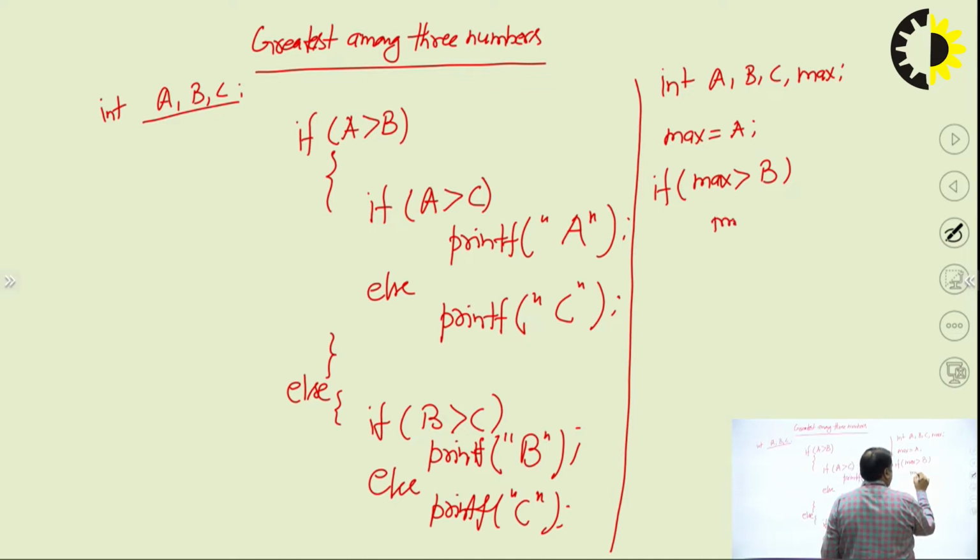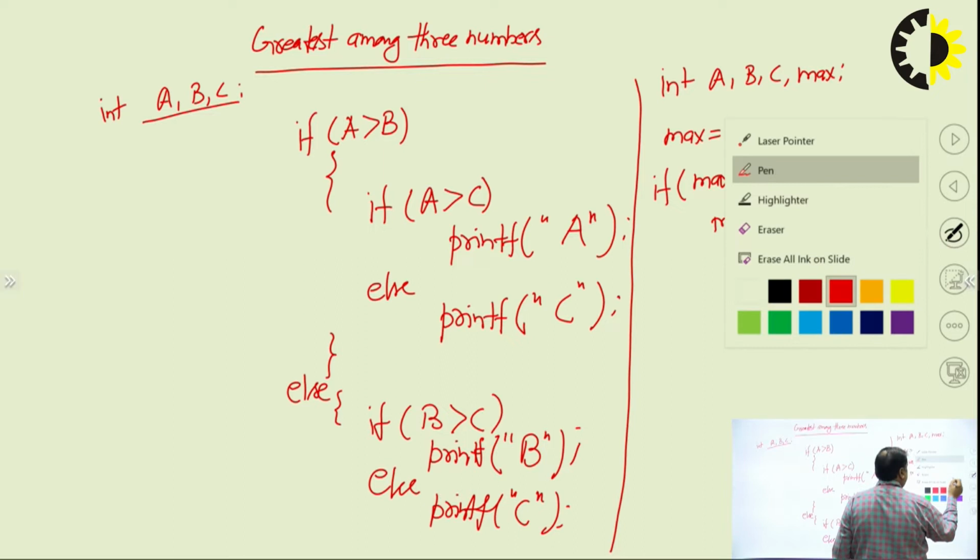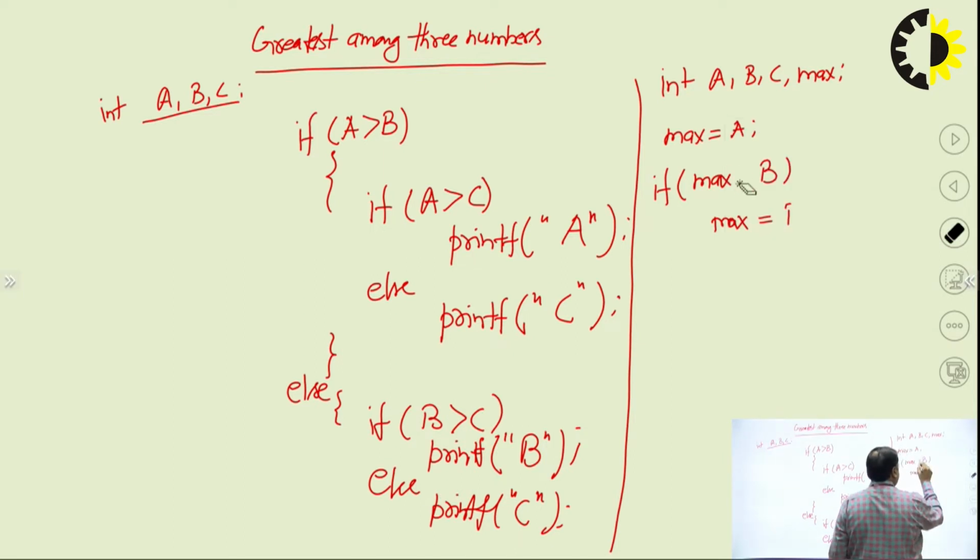If max is greater than B, then there is no issue. But if max is not greater than B, if max is less than B, then what we will write? We will put B in max.